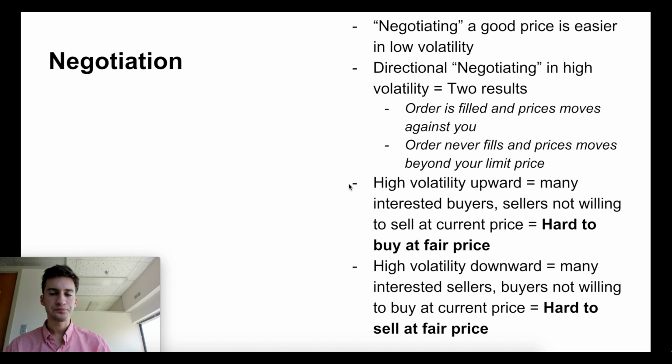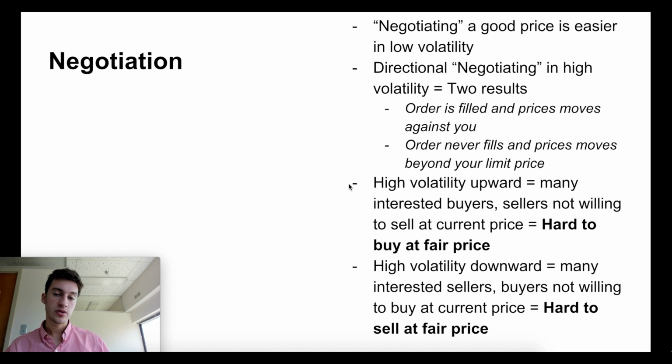However, when we try to negotiate with directional high volatility, this is where we begin to see some problems. What I mean by that is, imagine that price is flat and then just balloons upward. If you try to limit buy when price just goes really, really high upward, you're competing with a lot of other buyers who are also trying to get their orders filled as well.